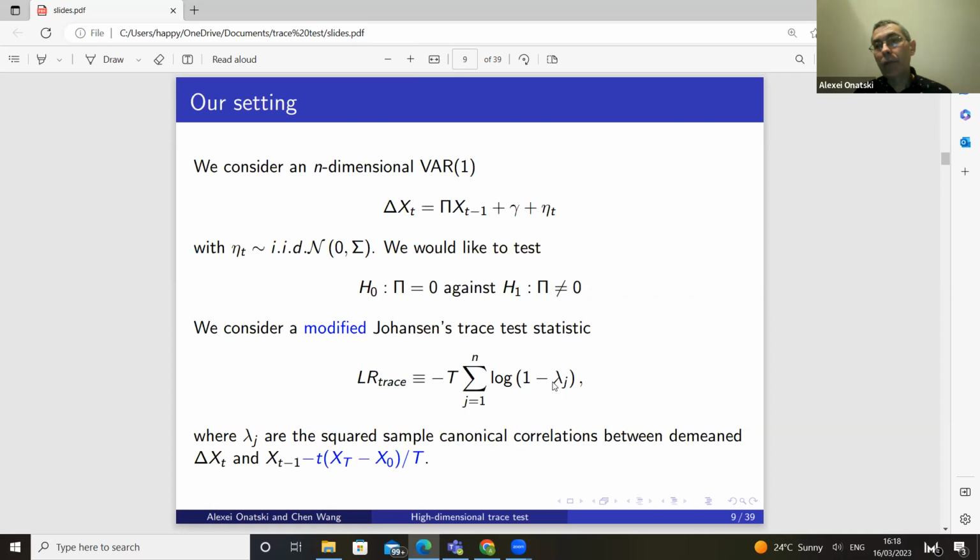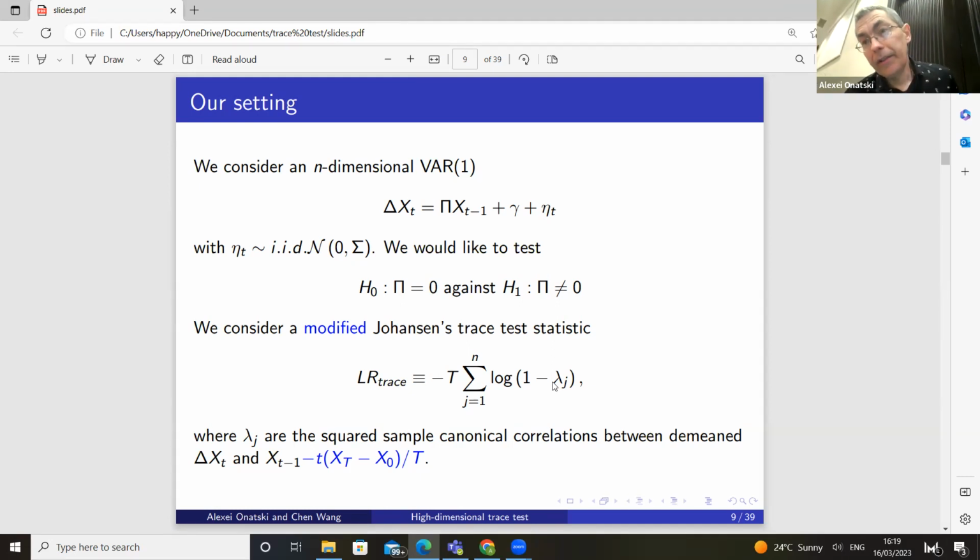Okay, so setting will be super simple, and it's super simple like on this slide, but if I'm making it slightly less simple, I will not be able to do anything. So it's important that it is simple. So in this setting, I have vector autoregression of order 1.